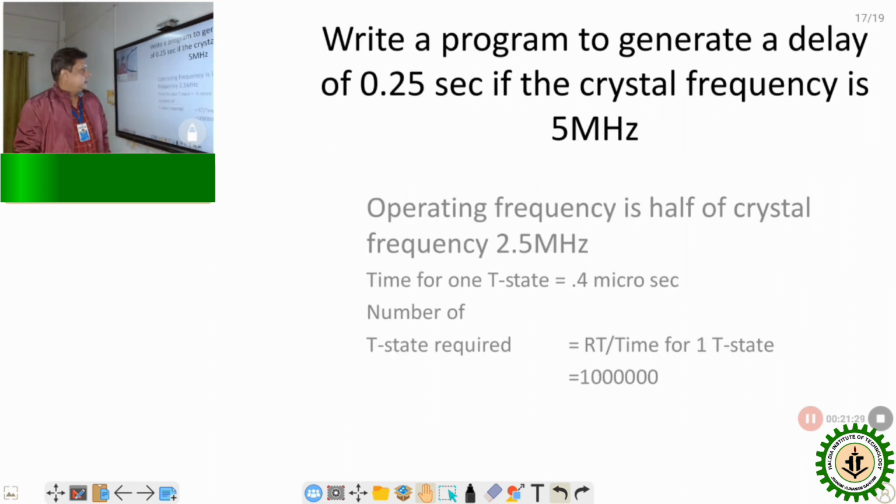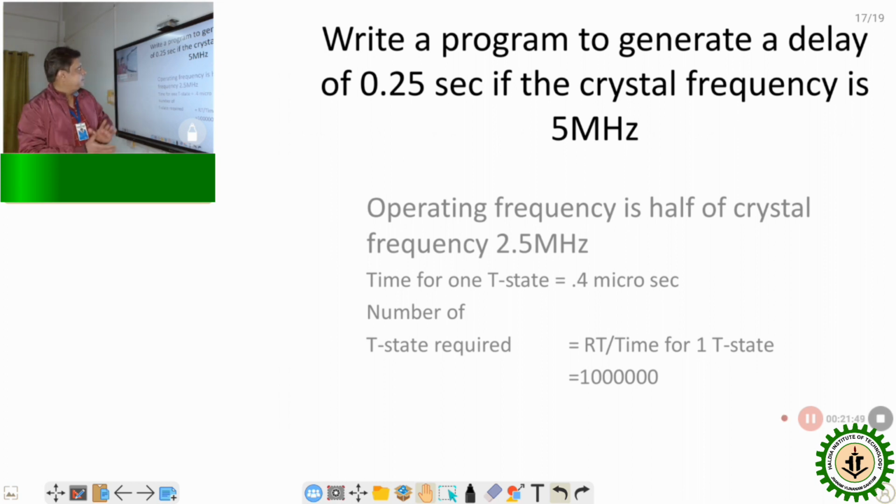Okay, now let us go for a practical example, which at the end I will be leaving to you for solving. Now, there is a scenario, a condition given. We have seen microsecond, we have seen millisecond, 47, 48 millisecond delay also.